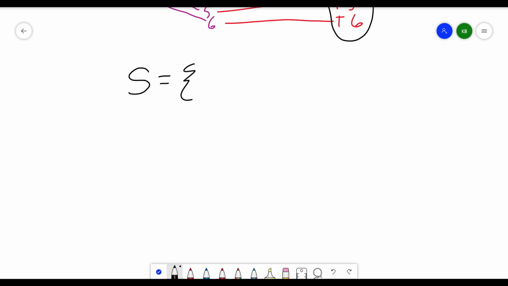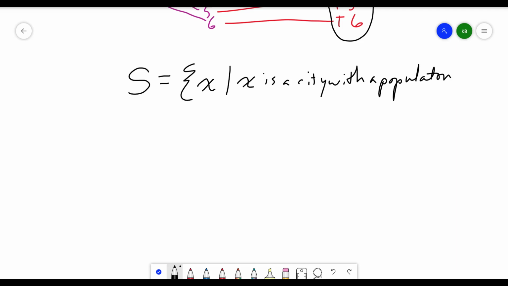So the sample space here is going to be all of the x. X is just a placeholder variable here, such that x is a city with a population over 1 million.